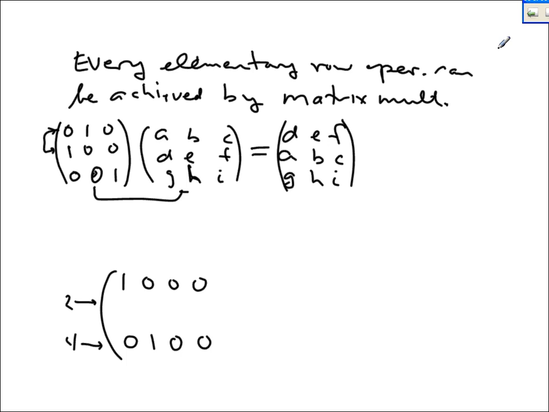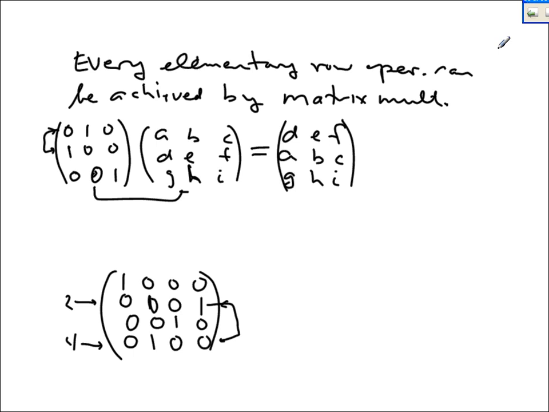The second row is now going to be the old row 4, and the third row does not change. Okay, I know I didn't say that so carefully, but all I did was interchange row 2 and row 4 of the identity matrix.